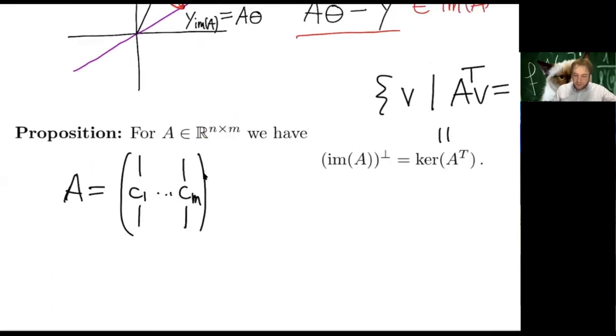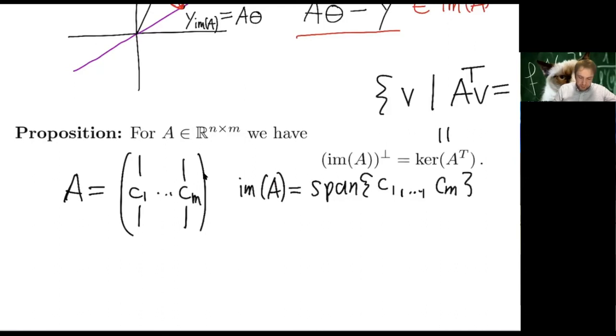And the image of A are all possible linear combinations of these columns. So this is the span of these columns. But what is A transpose? Well, A transpose means I just take the columns as rows.